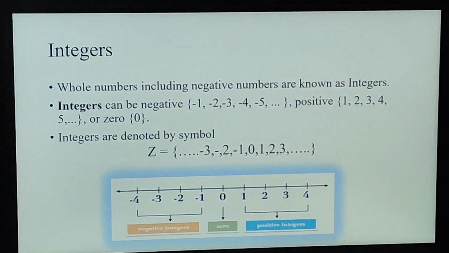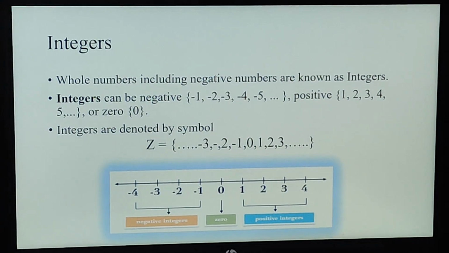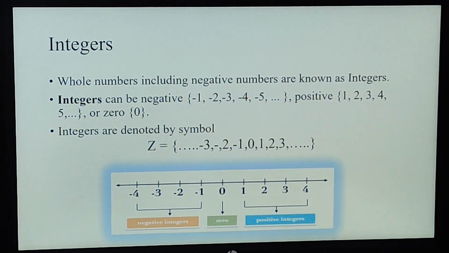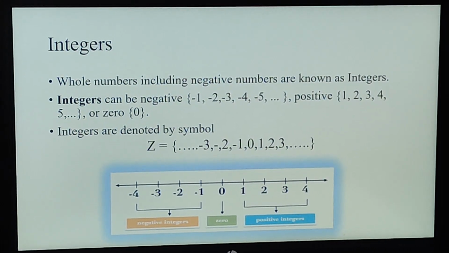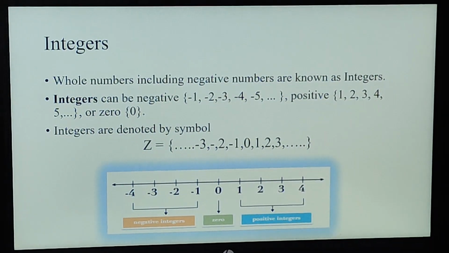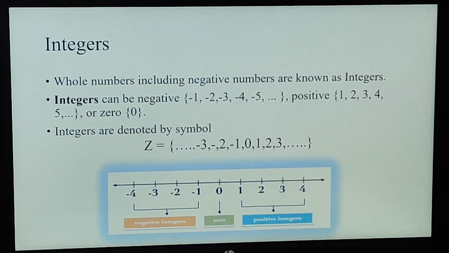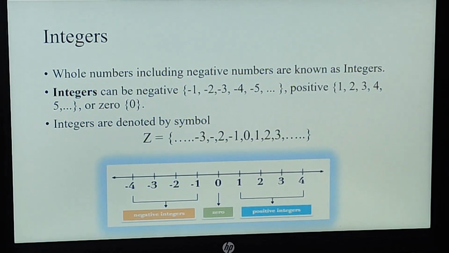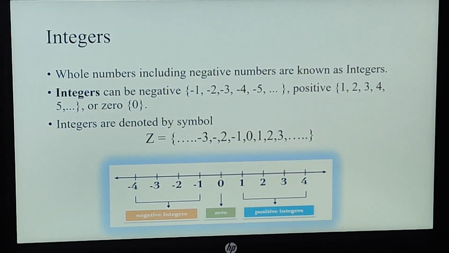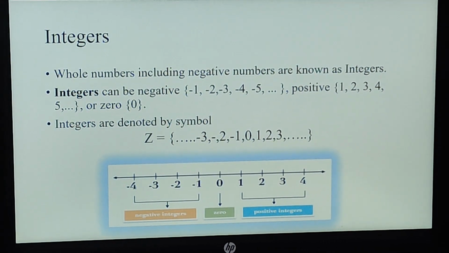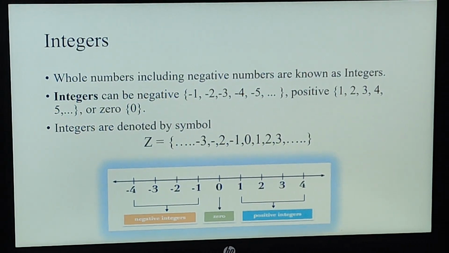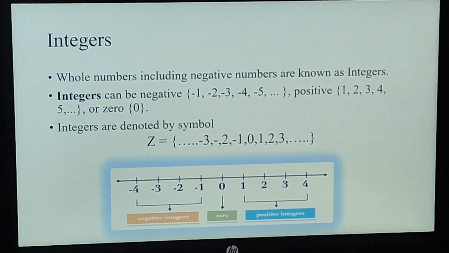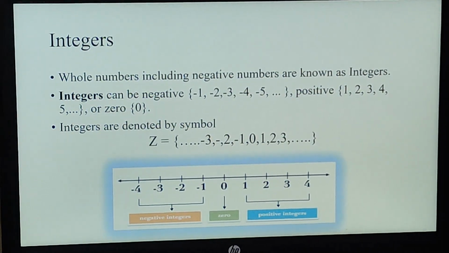Next is integer. Integers can be termed as whole numbers including the negative numbers. Integers can be negative numbers like -1, -2, -3, -5 and so on, positive numbers 1, 2, 3, 4, and 0.